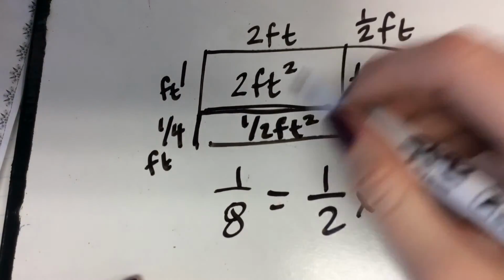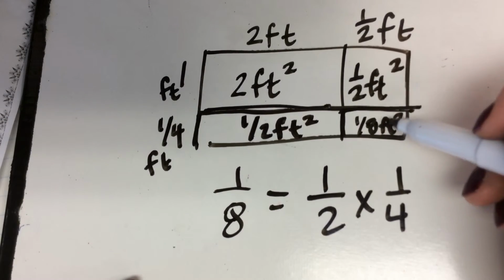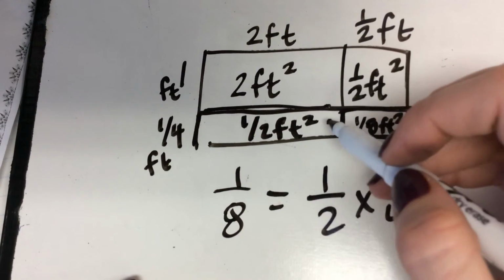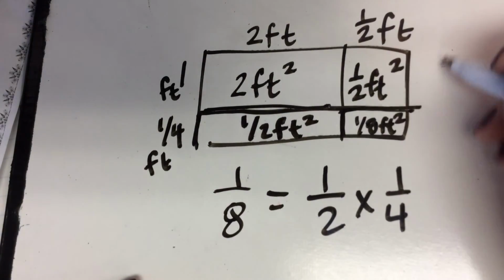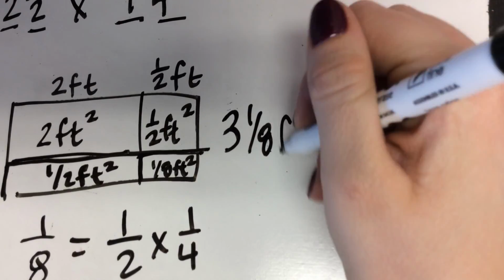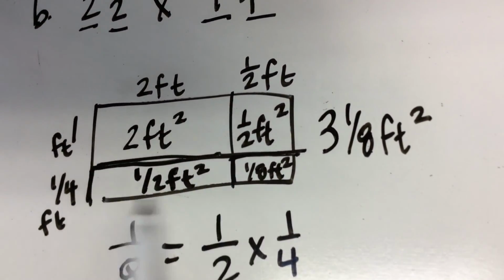Then you just need to add these up. We need to make these halves into eighths, so they'd each be 4/8. But if you add up 2 halves, that's just a whole. Plus 2 is 3, so it'll be 3 and 1/8 feet squared for the area of the whole thing.